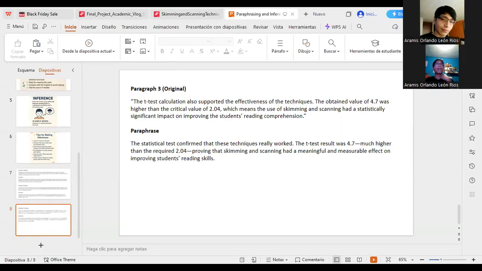And what is the inference for the following paragraphs that were paraphrased?